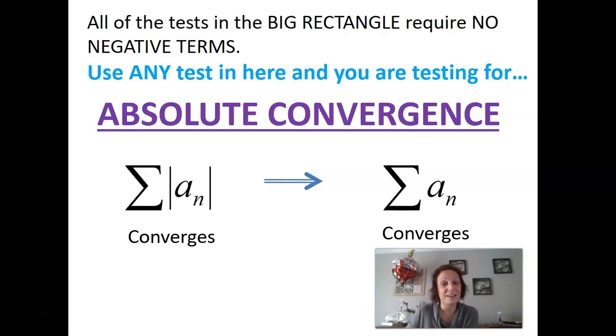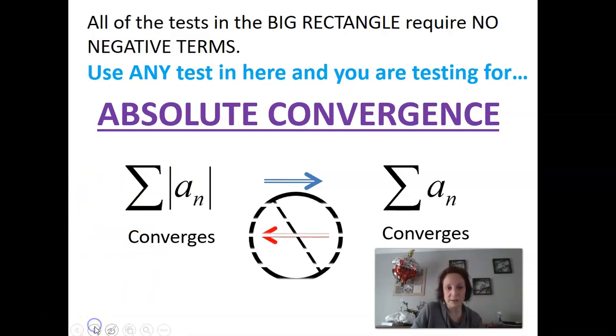Because if I take the negatives away, all I'm doing is making the situation worse as far as approaching infinity. If it still doesn't go to infinity, even with the negatives gone, I have absolute convergence. And if the absolute value converges, then the series converges. Okay, it does not work the other way.